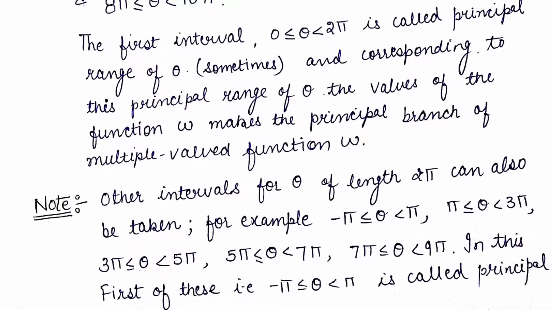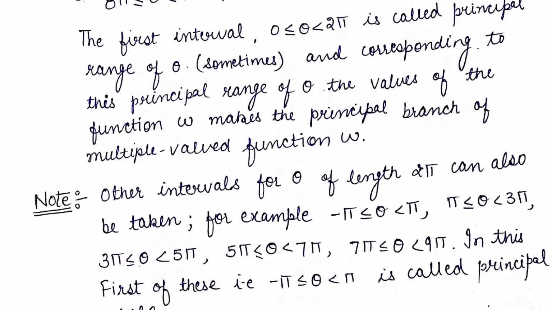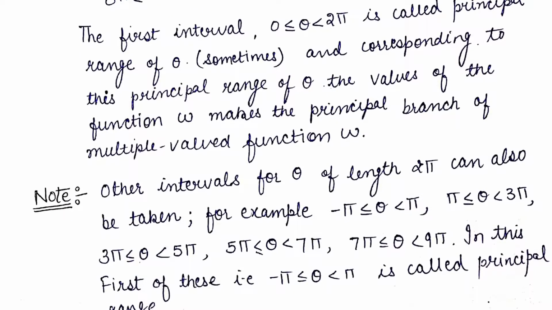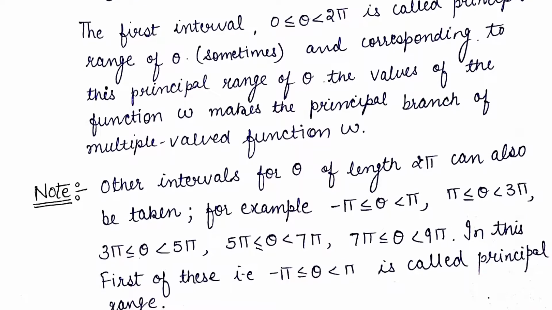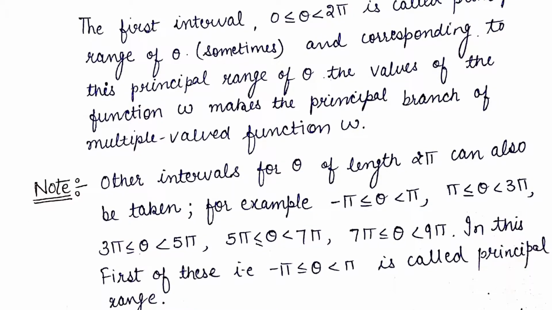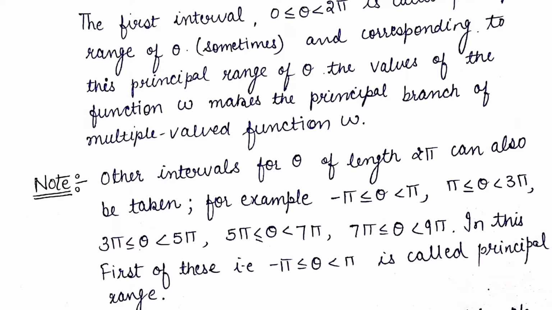So for these 5 intervals also, the line theta is equal to pi acts as a natural barrier for defining different branches of the function.